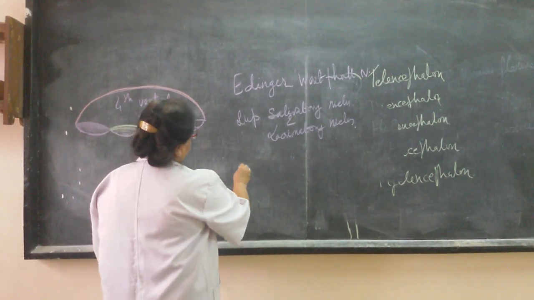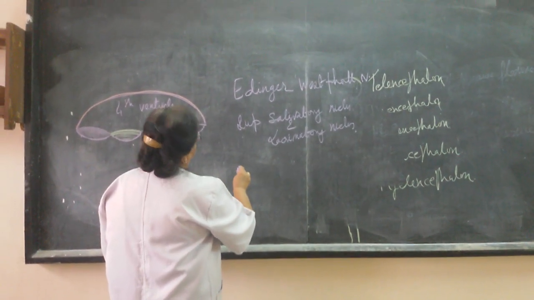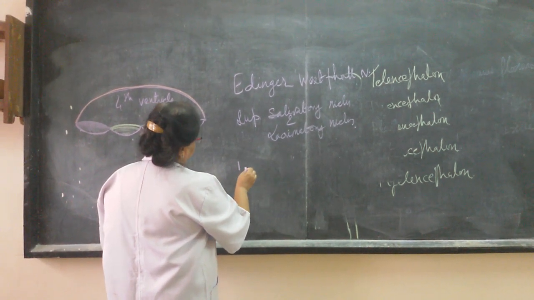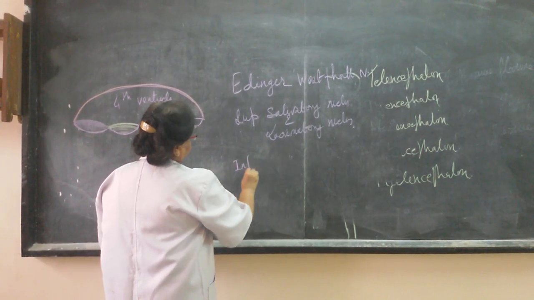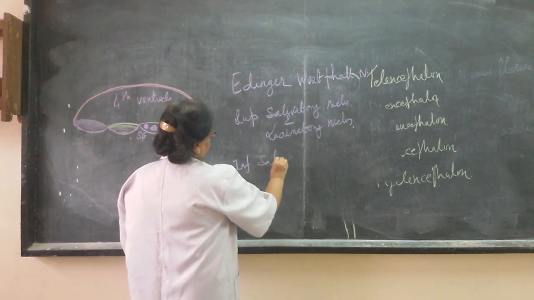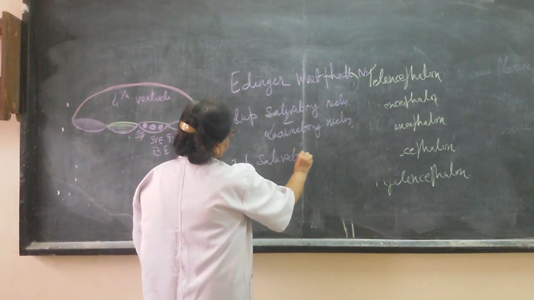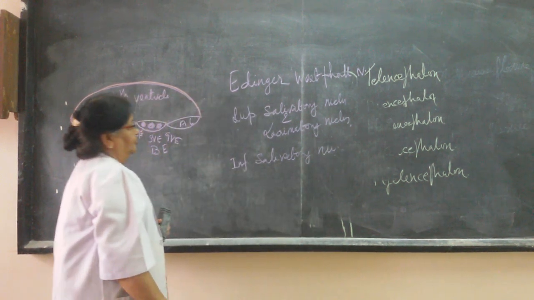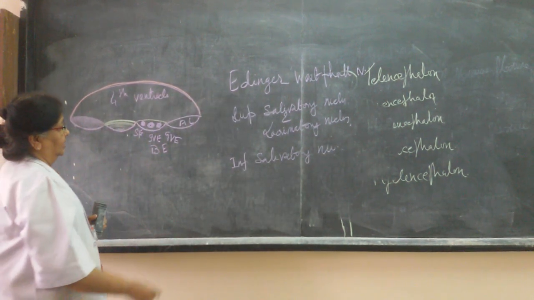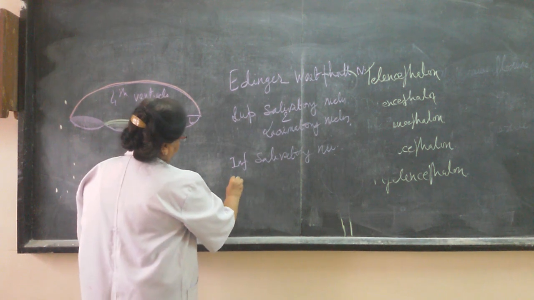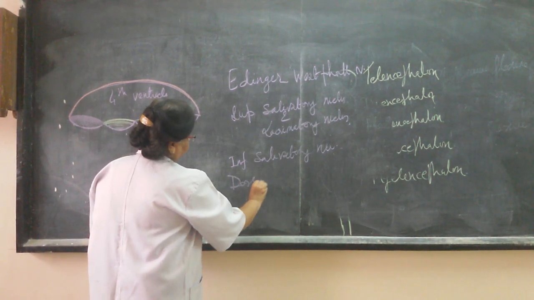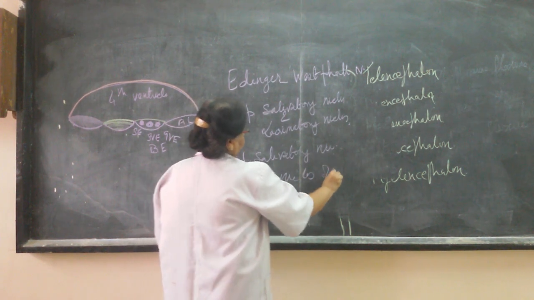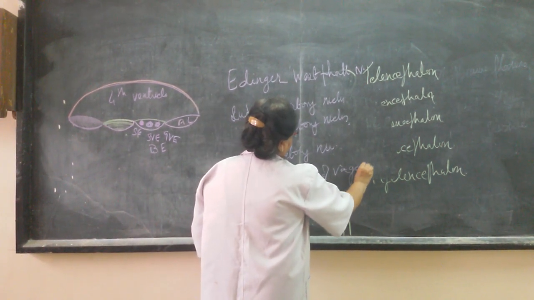Then comes the inferior salivatory nucleus. This is related to the ninth cranial nerve, and the dorsal nucleus of vagus.